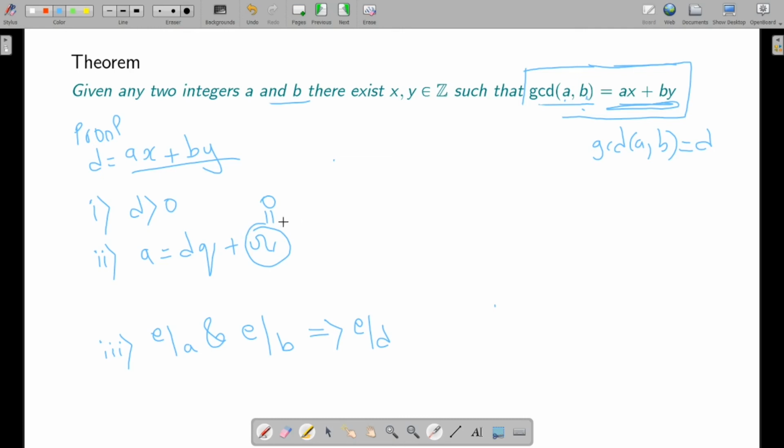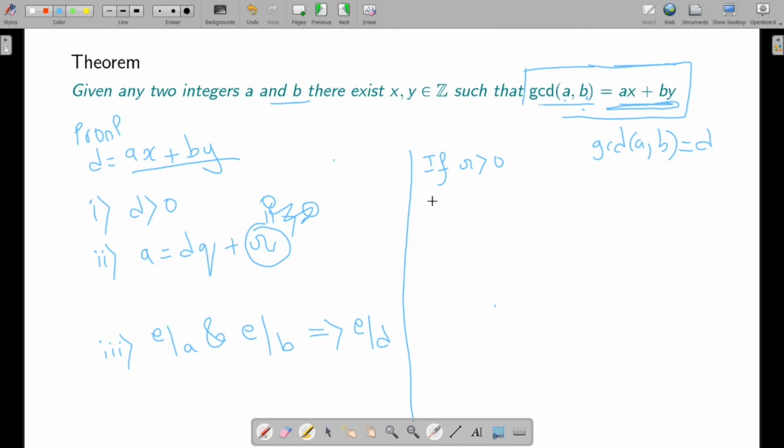Okay, so what happens if R is strictly greater than 0? I want to prove it's 0, so I am trying to go by contradiction. What happens if R is strictly greater than 0?